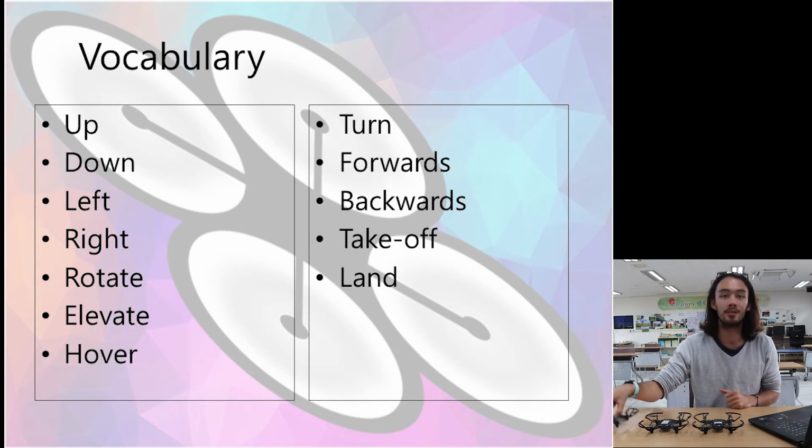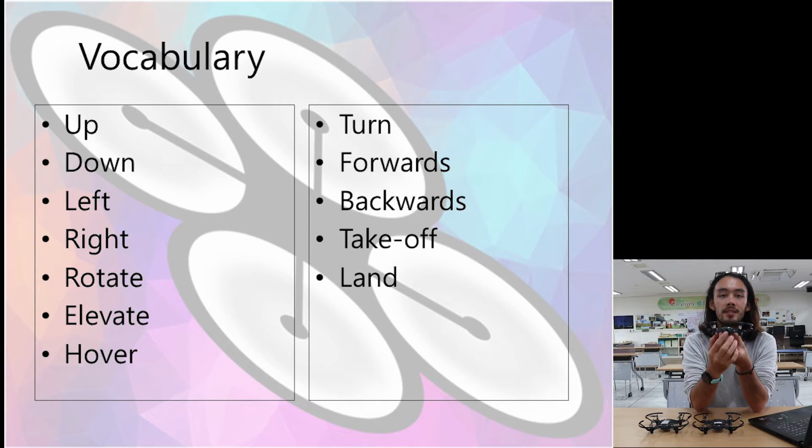When it comes to talking about drones, what's very important is that the camera is here in the front. So if I were to turn it like this, here is the camera. When I say forwards, I mean forwards for the drone.